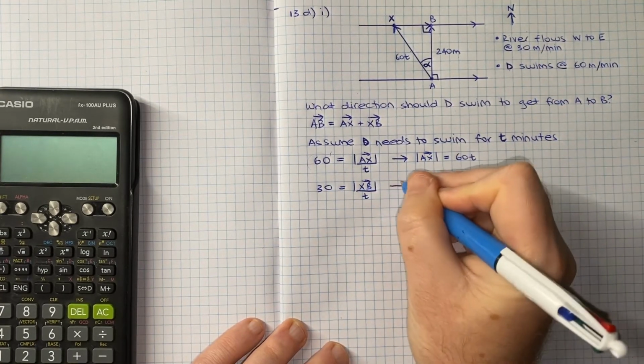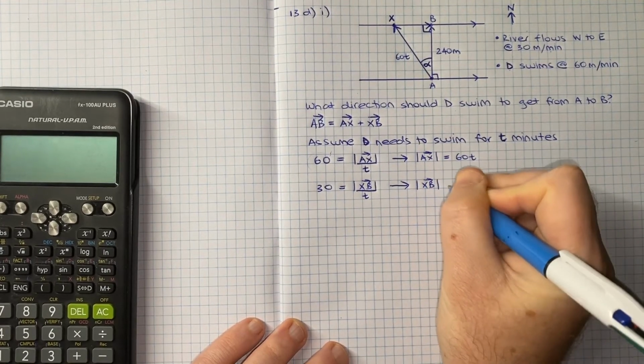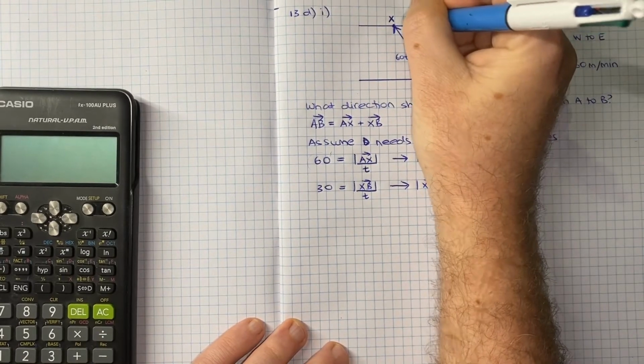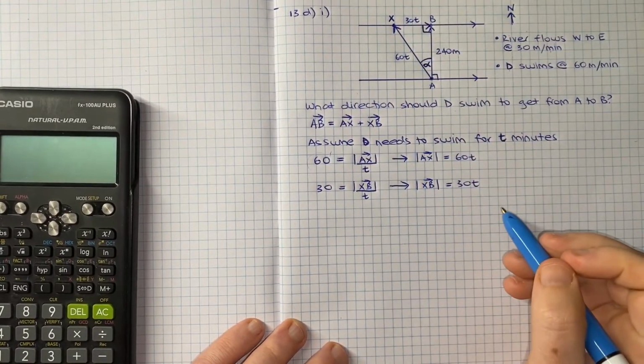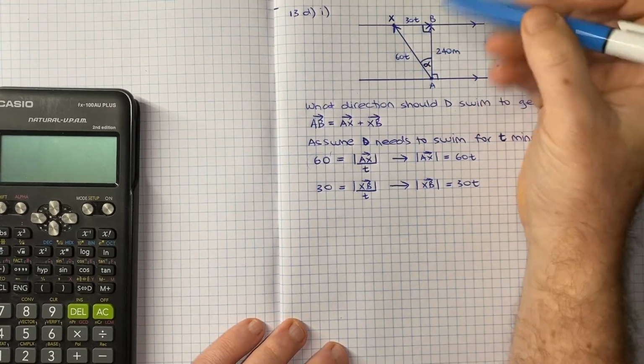So again, simple rearrangement will give us the magnitude of the XB vector will be equal to 30T, so that this length is 30T.